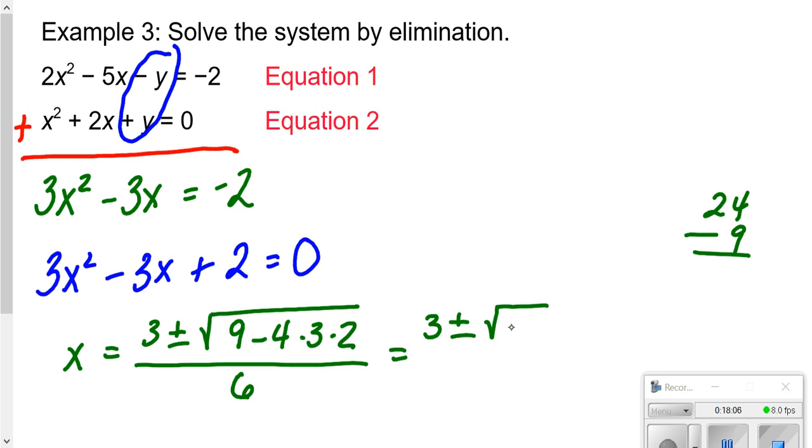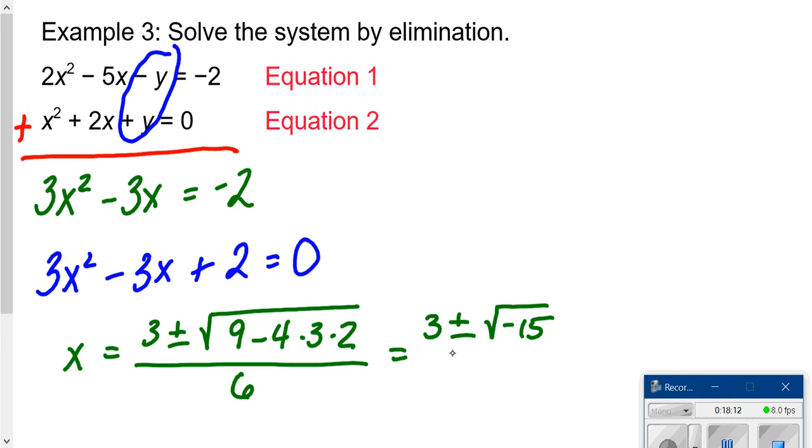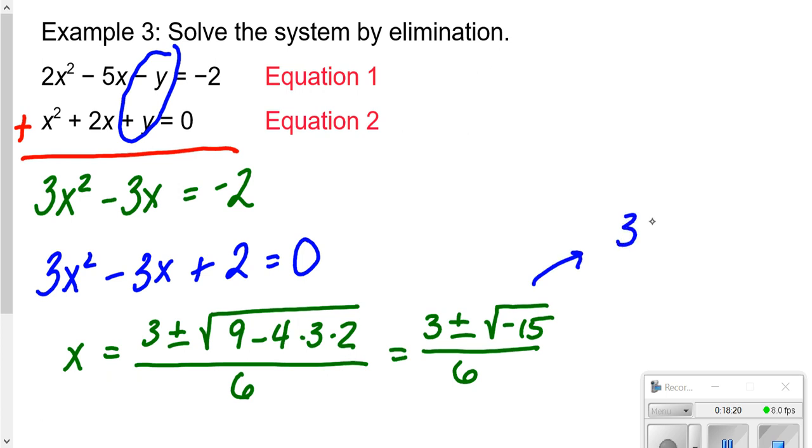Negative 13. No, 15. All over 6. And then this gives me complex solutions. So 3 plus or minus, take out the i, root 15 over 6.